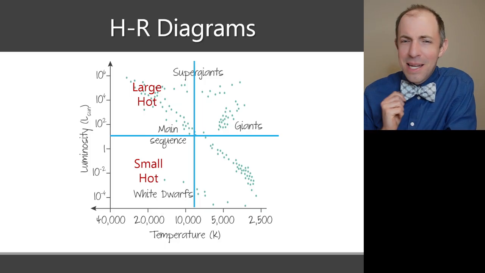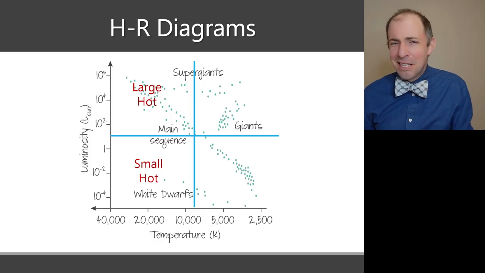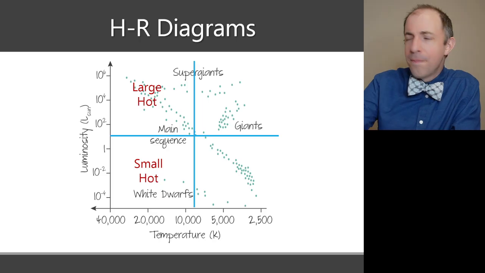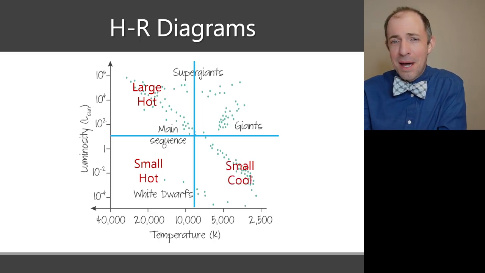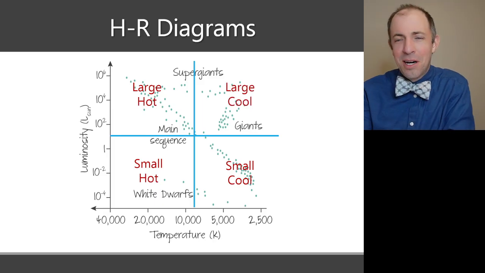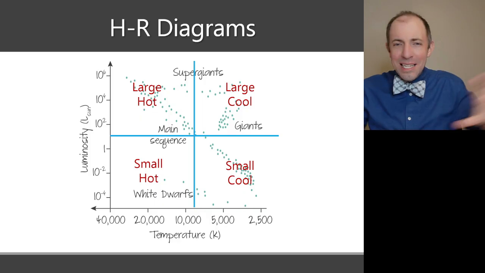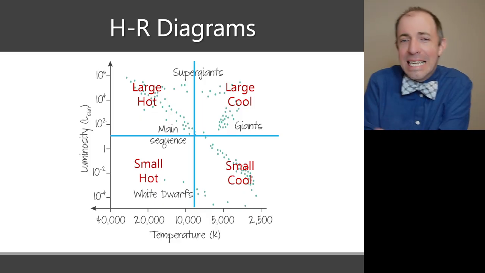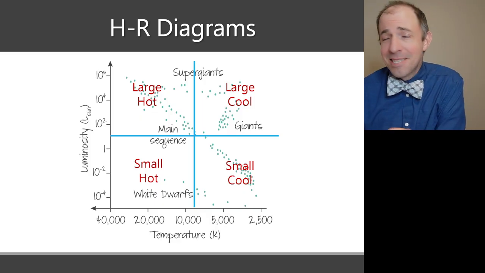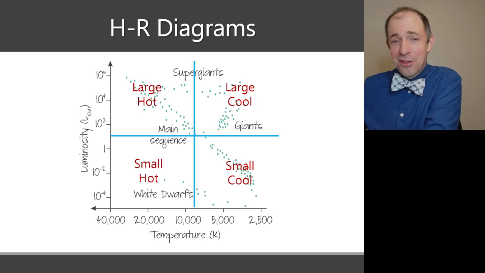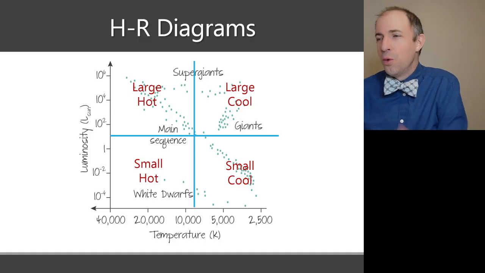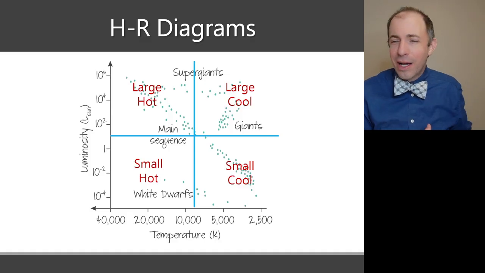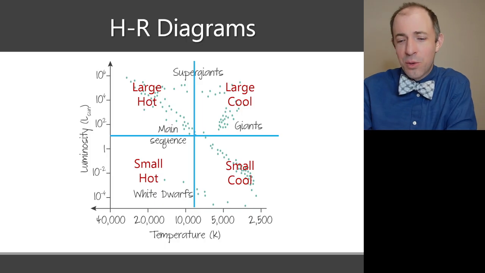It's luminosity, but luminosity is pretty analogous to the star's size overall. On the right-hand side, we've got small cool on the bottom right, and then large cool on the top right. So knowing that this is true, it's pretty easy to place the red giants. Obviously, giant is large and red is cooler, so that would be in the large cool. Whereas small hot, like our white dwarfs, are going to be in that small hot quadrant.